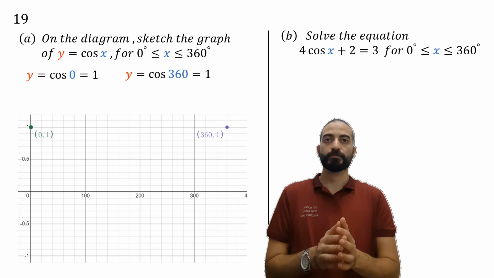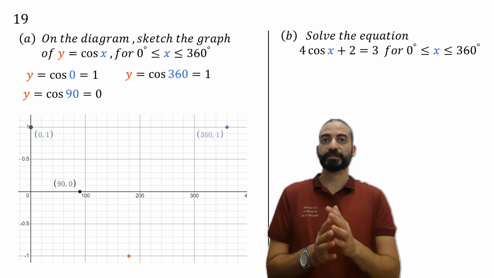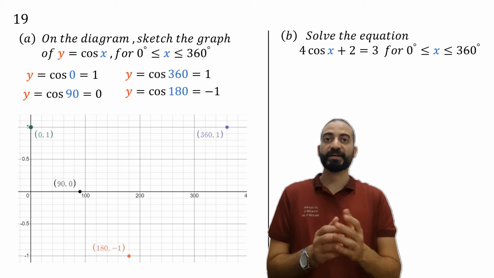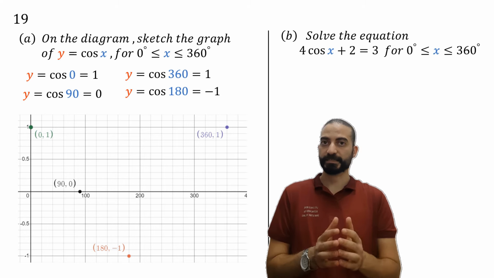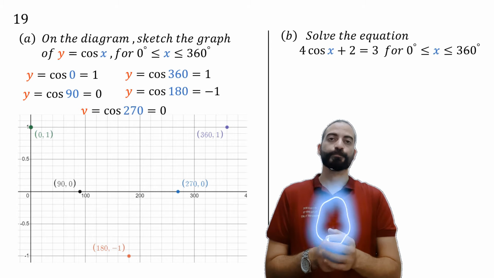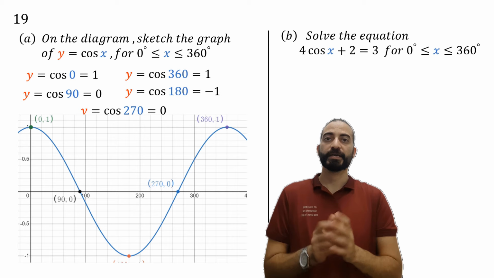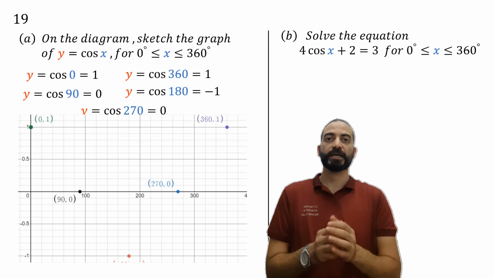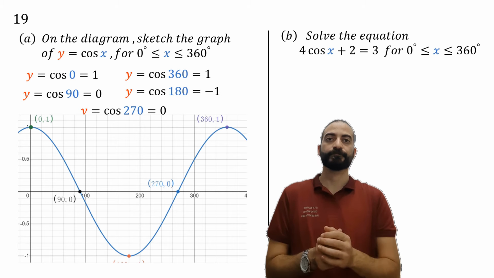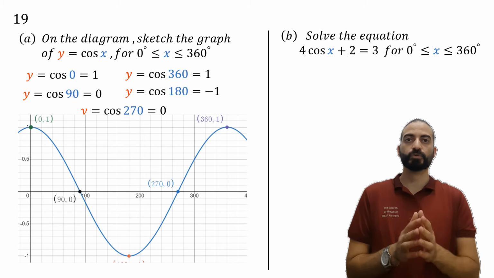When x equals 90 degrees, y equals 0, and when x equals 180, y equals minus 1, and when x equals 270, y equals 0. Now we can connect the points together in the form of a curve to get this graph. We can also add many points before drawing the graph in order to get a more accurate graph.